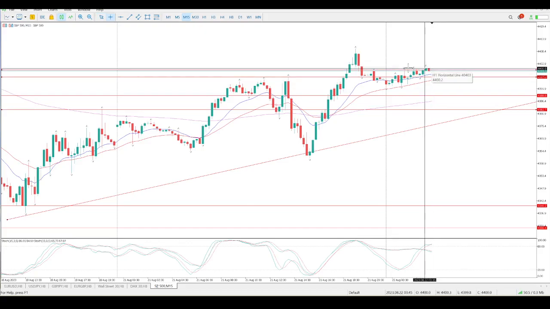We're hovering here at this 4400 area. So what I would be doing is paying very close attention. If we get away from this aggressively, then I'm looking for the pullback onto it. I'm not sure I want to be shorting here. I'd rather buy into any pullback. So it's going to be 43.88 or 43.89 and 43.82. Those are two that I would be paying attention to quite seriously.